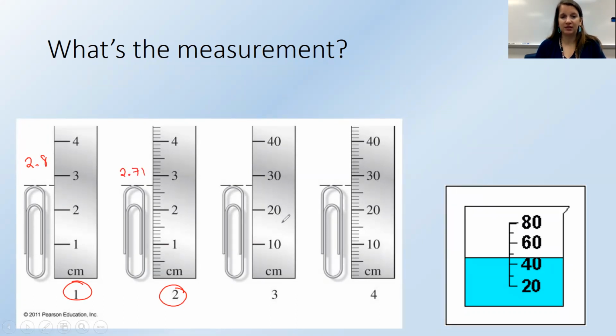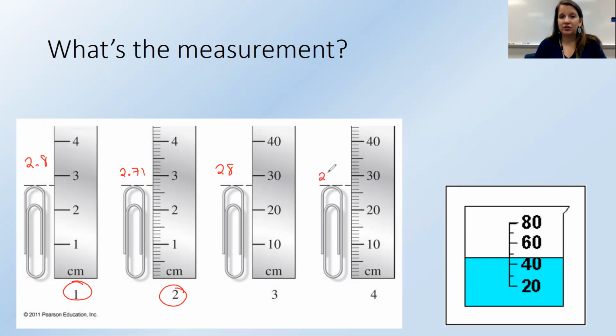Here, every line represents an increase of 10. So when we estimate that extra digit, we can only go to one place to the right of the tens place. So that means we can only record this as maybe 28 or 27. You would not put a decimal point with this particular ruler because it doesn't go to that precise of a measuring. And then here in number 4, each little line represents an increase of 1.